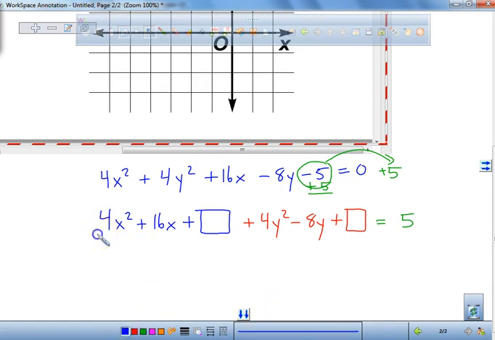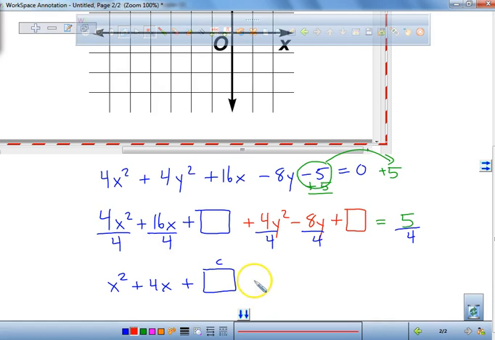Let's do it. Divide everything by 4. So, if we do that, we have x squared plus 4x plus a little blank space right here. That's going to be our c value.